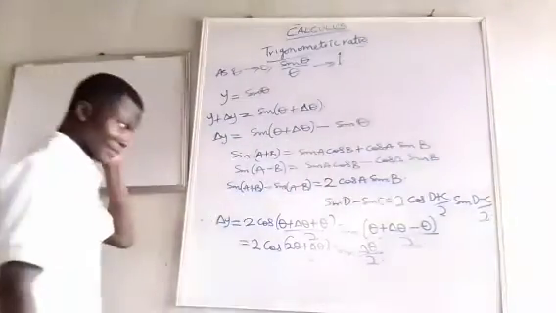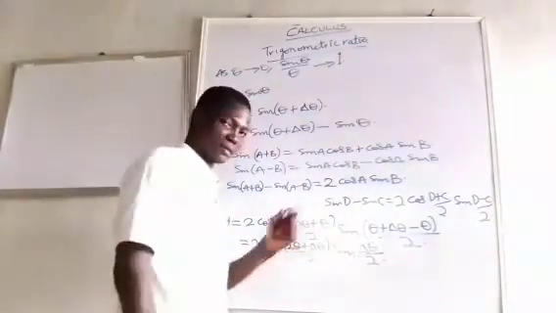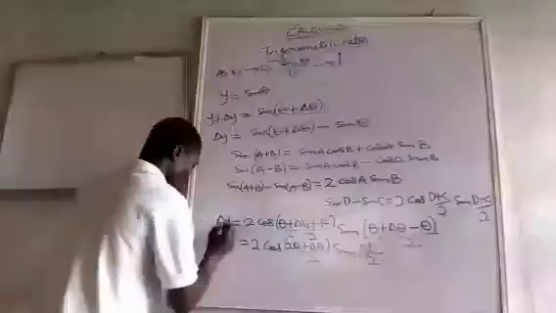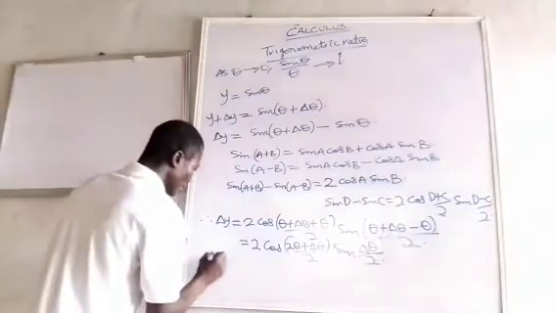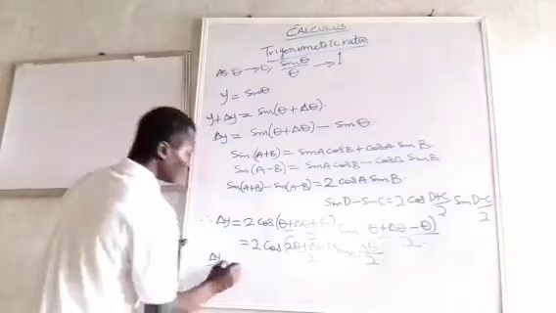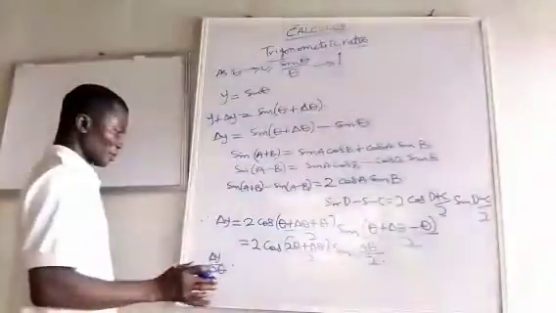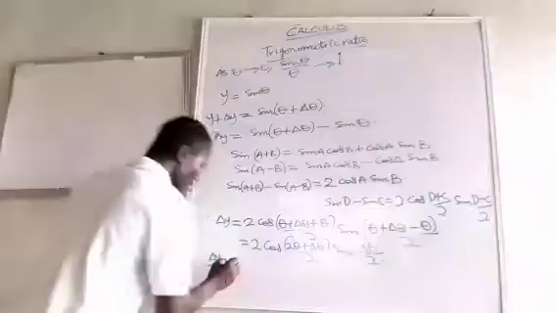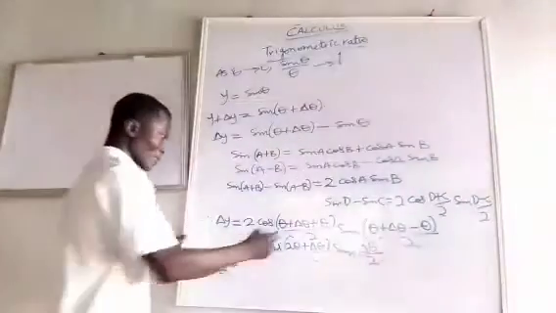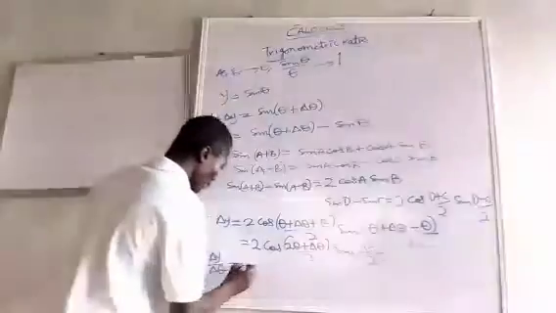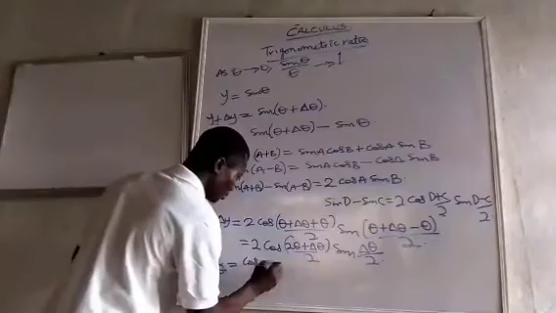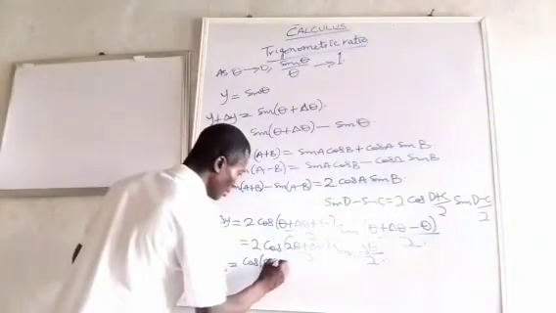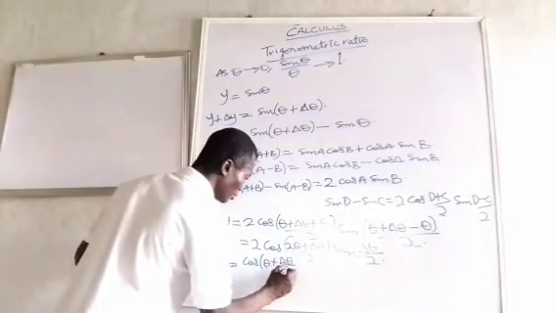Now, let's divide through by delta theta. So we have delta y over delta theta. Just like in the other forms, this is our main target. We are going to have this to be cos of theta plus delta theta over 2. You know this one.